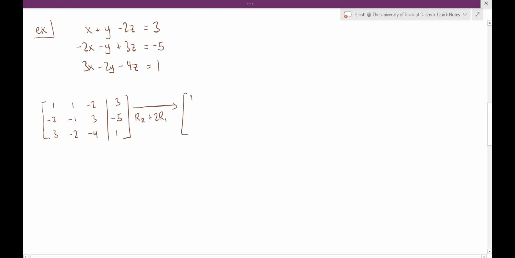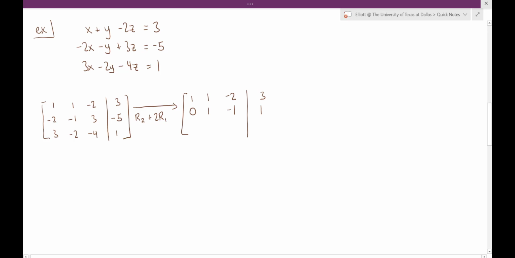So let's do this operation right now. Okay, so we just talked about how this will become 0. Going to have negative 1 plus 2 is 1. 3 minus 4 is going to be negative 1. Then negative 5 plus 6 is 1.